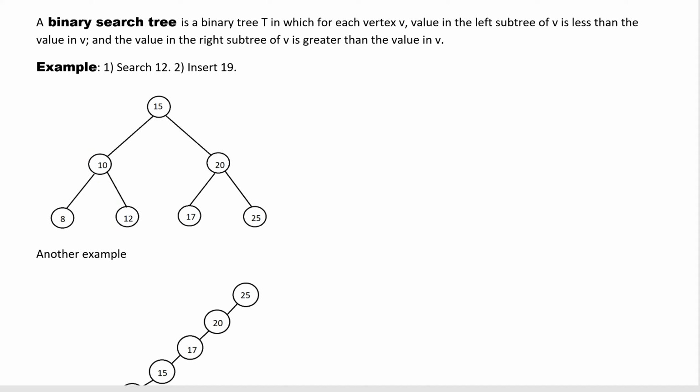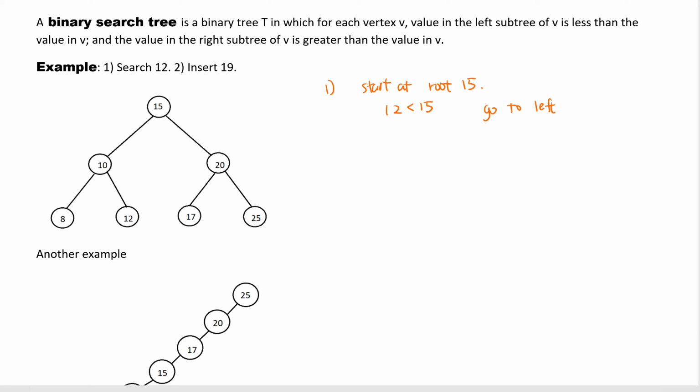Okay, let's do some exercise. First, search 12. So how do we search 12? We start at the root, okay? So we start at the root 15, and because 12 is less than 15, we go to the left.